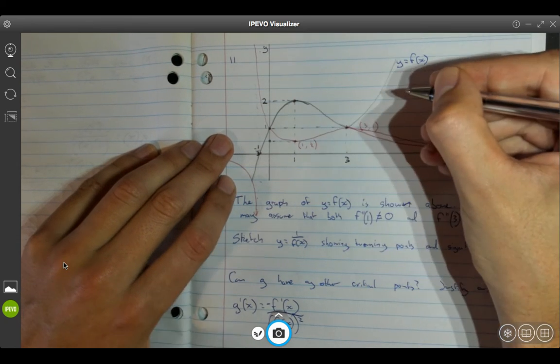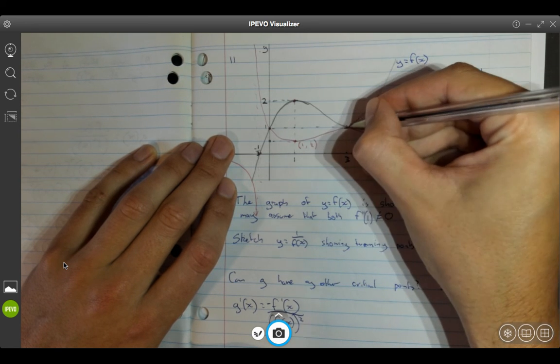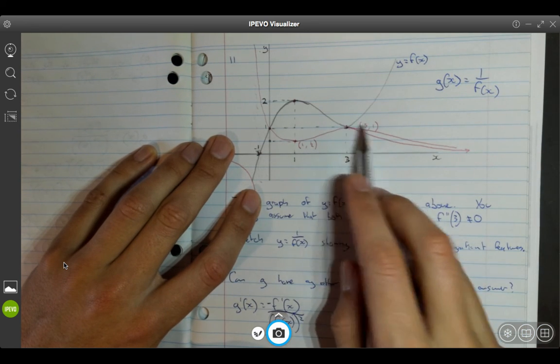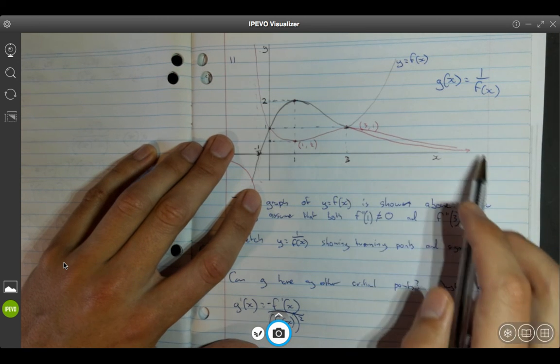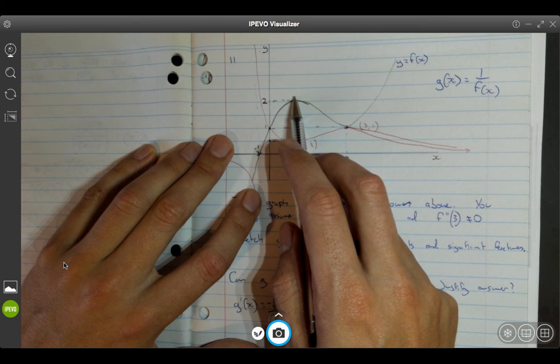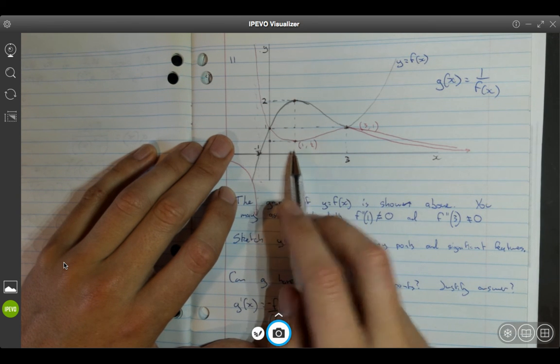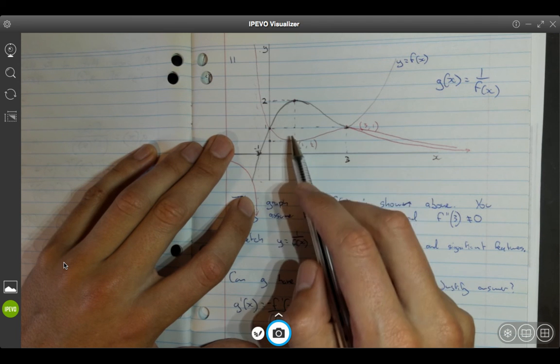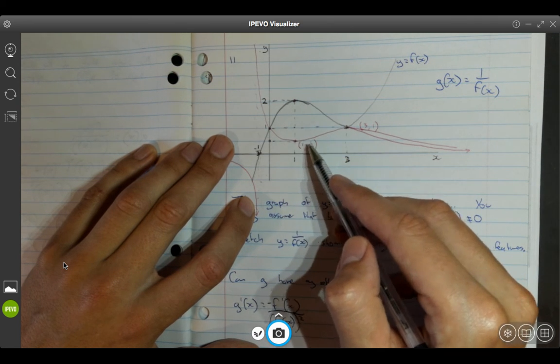F of x is also 0 here, so g of x will also be 0, and we'll have a local maximum at 3, 1 for g of x, because 1 over 1 is 1. And we're going to have a local minimum at 1, 1 over 2. So this local minimum for g of x is going to be at the point 1, 1 half.